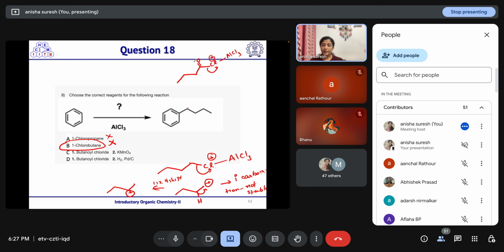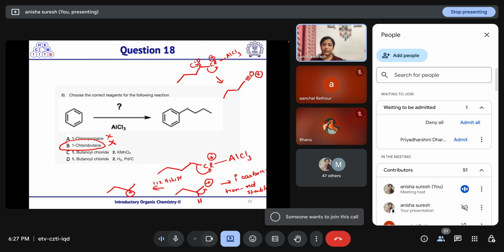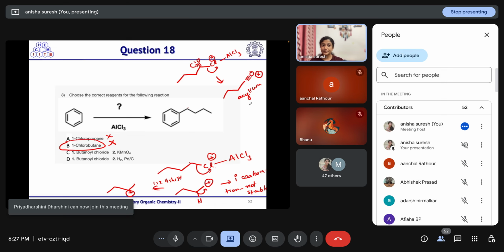This will leave upon pushing the oxygen lone pairs, leading to formation of an acylium ion, and it will undergo Friedel-Crafts acylation reaction with benzene, leading to formation of this product.